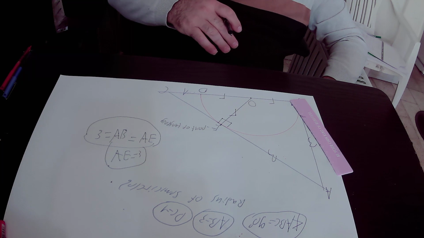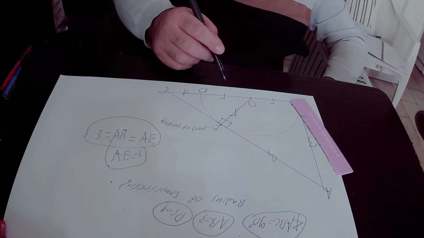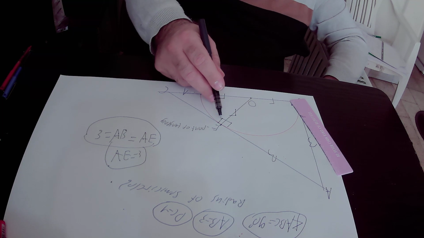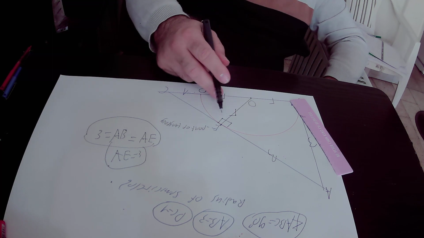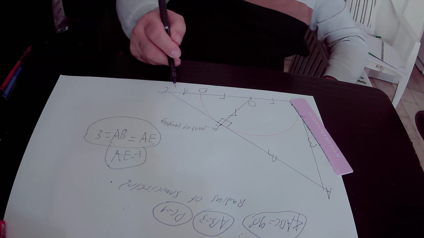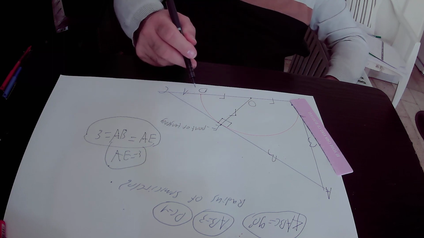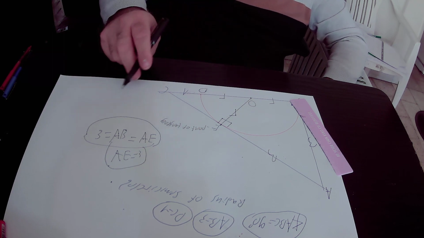So actually we see that angle OEC, this angle, is a right angle. It equals 90 degrees. If angle OEC is a right angle, then triangle OEC is a right triangle because it has one angle that equals 90 degrees.